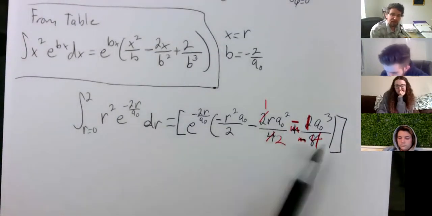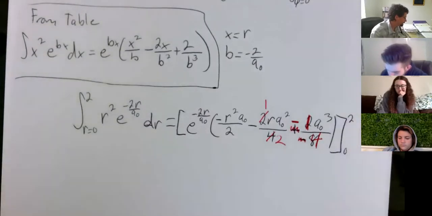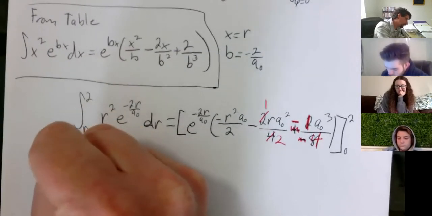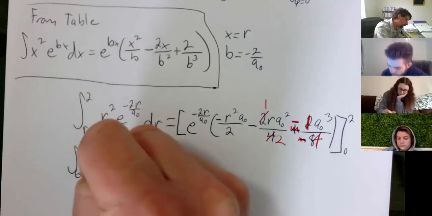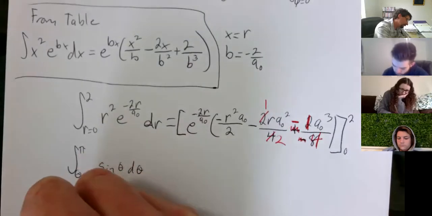Okay, so we get that as our expression, and we're going from 0 to 2. Let's look at the integrals for the other parts. We'll do theta first, and then we have phi.